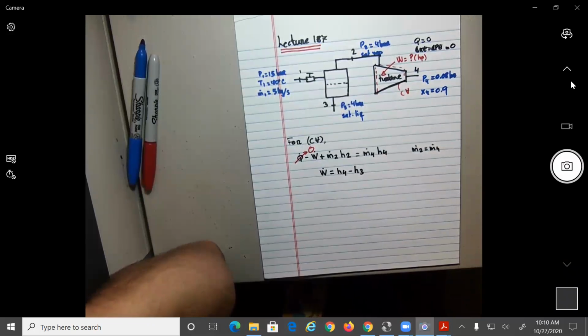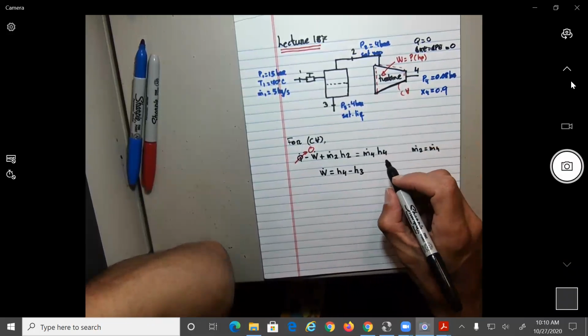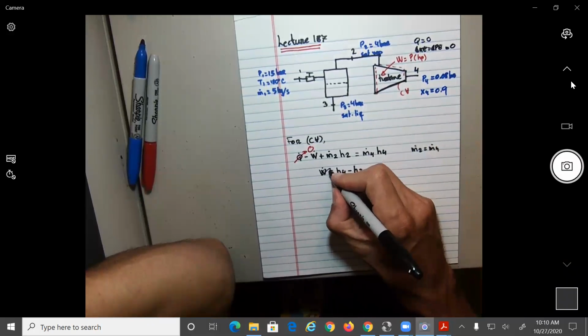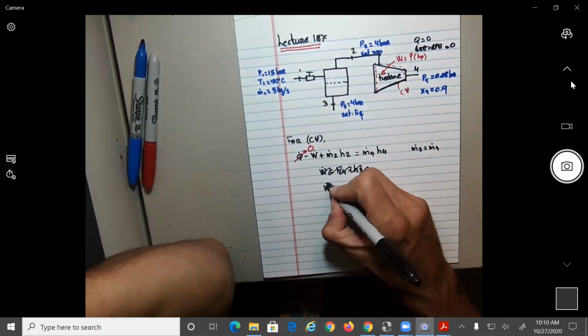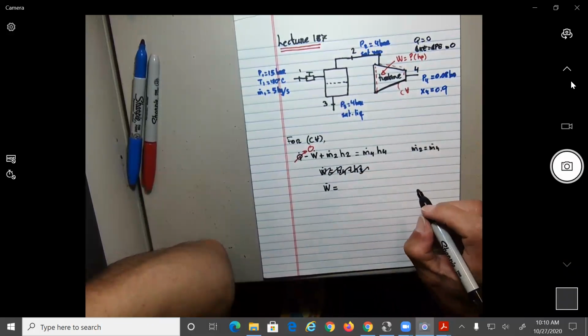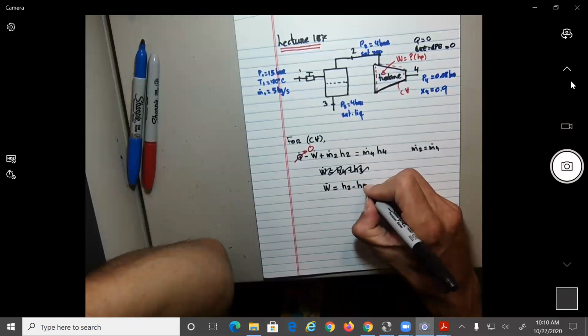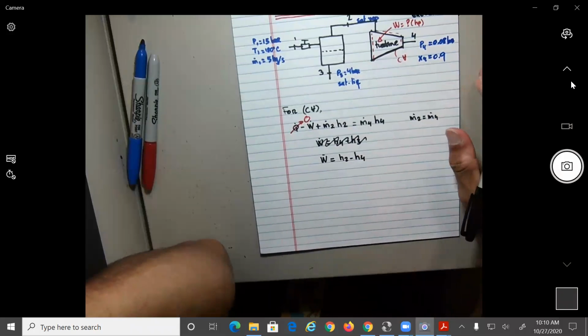Wait, H2, no? What did I say here? It will be equal, sorry, to H2. I was looking at the figure, but I was thinking about something different. It will be equal to H2 minus H4.